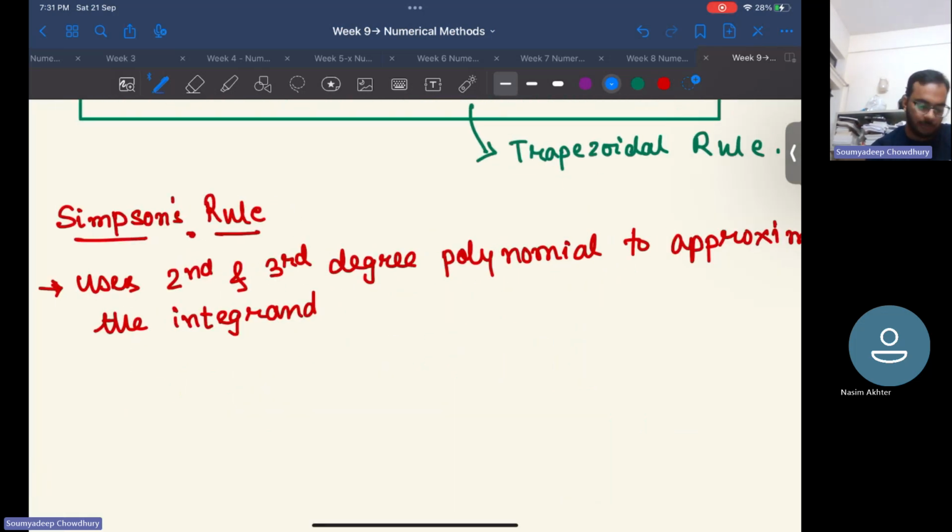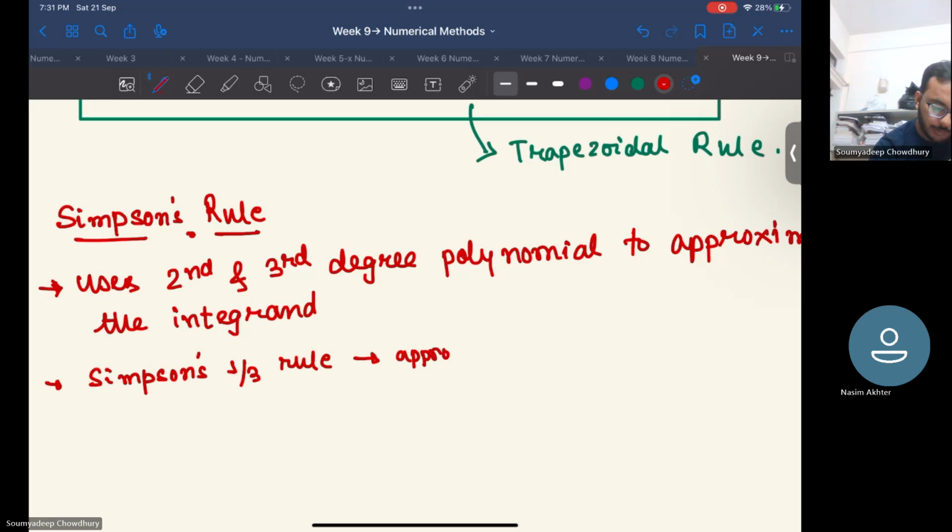So what does Simpson's rule tell? In Simpson's rule, there are two parts. One is Simpson's 1/3 rule and the other is Simpson's 3/8 rule. In Simpson's 1/3 rule, we approximate the integrand, that is the function, by a second degree polynomial.